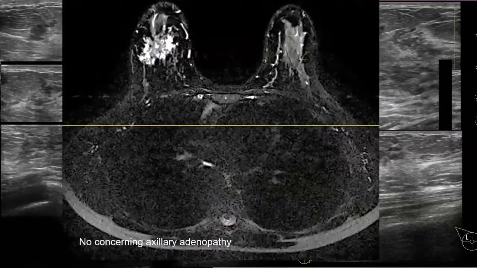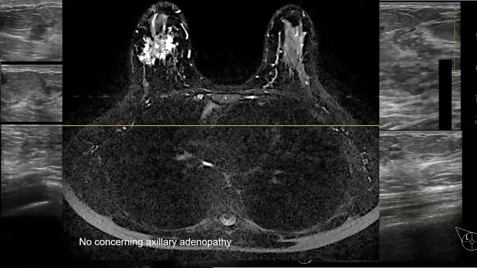This is the MRI. In the MRI, this area showed heterogeneous enhancement in the right breast. Again for biopsy.